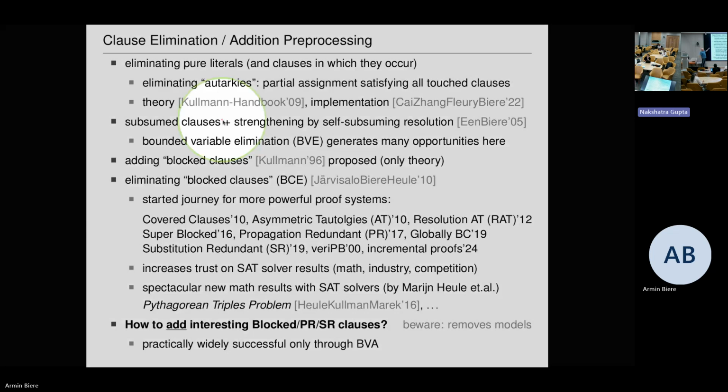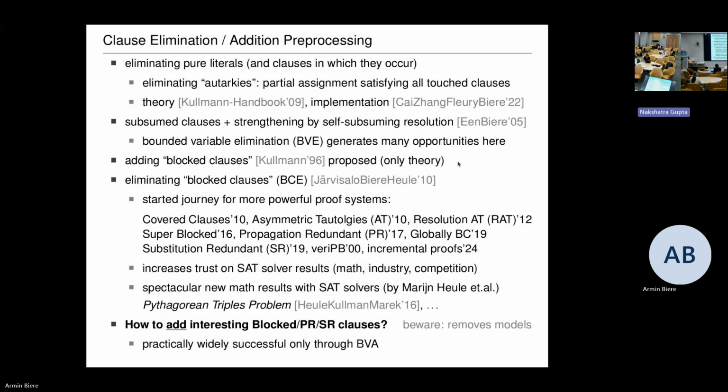Then, of course, you probably know subsumed clauses. This is an old idea. If you have a clause which is shorter and a clause which is longer and contains more literals than the other one, you can remove the larger one. There's a variant of this which allows you to remove single literals from a clause, and this was already in our paper on bounded variable elimination.